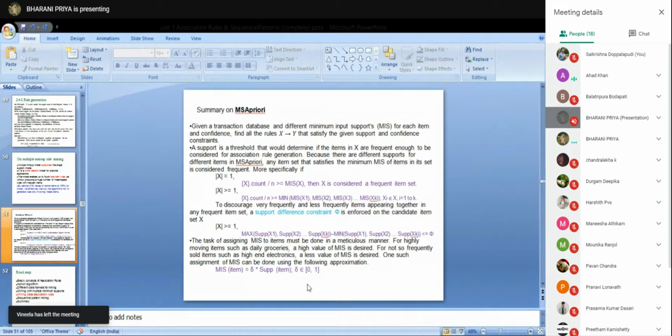It is multiplied by sigma, where sigma belongs to 0 to 1. This is the value you can decide according to your problem, 0.1 or something within the interval of 0 to 1.